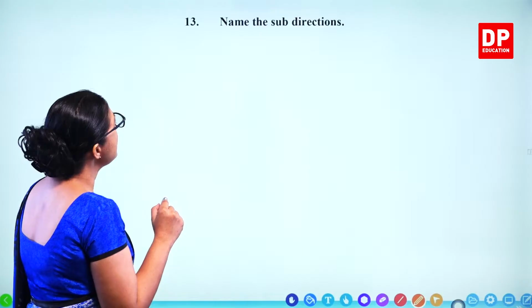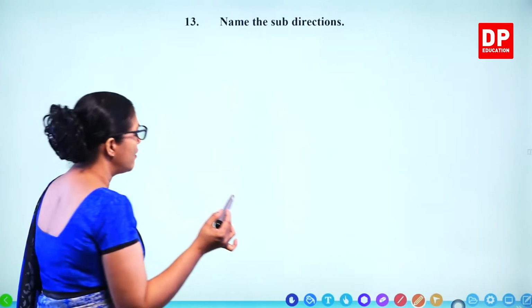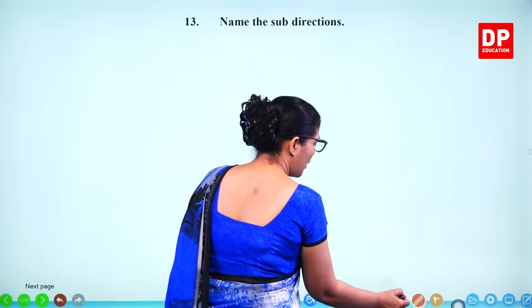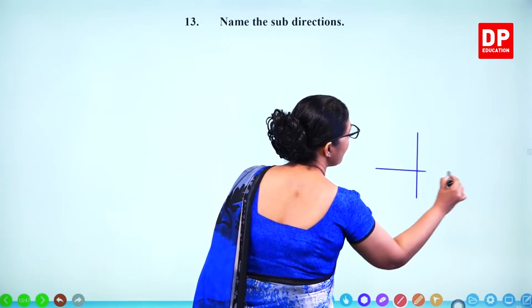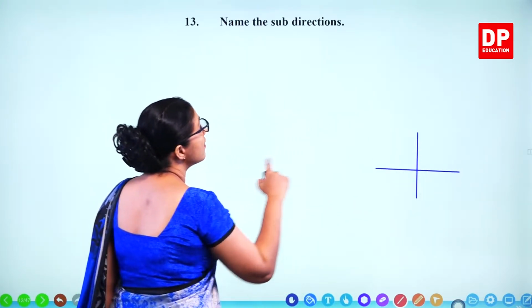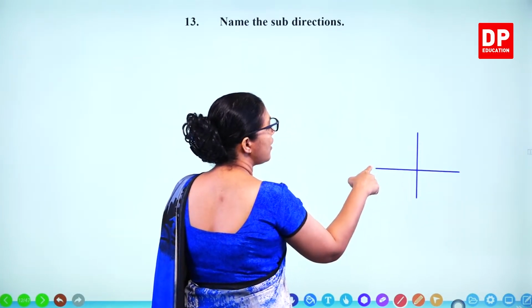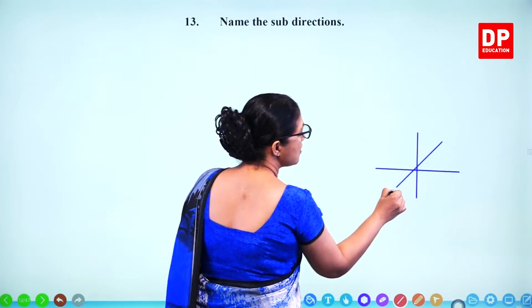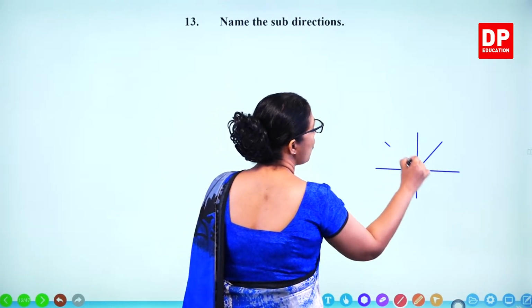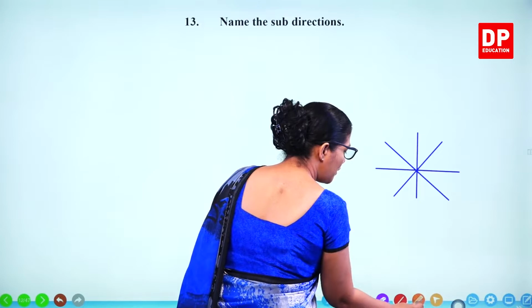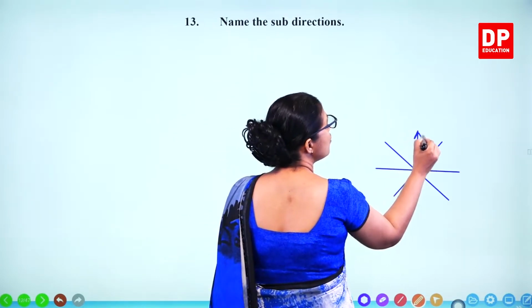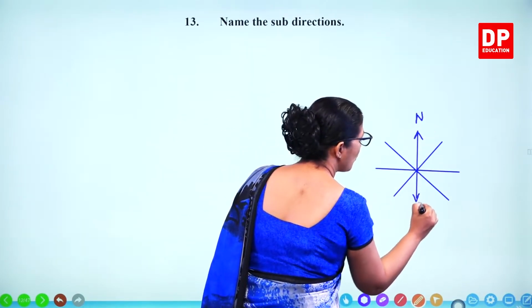Question number 13. Name the subdirections. So here we know that when you take the main directions, north, east, south and west, subdirections in between. So always we label the subdirections according to north and south.